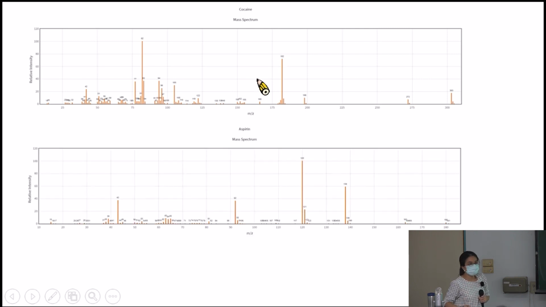And this is another example, aspirin. You will find there is a different spectrum, a different fragmentation, for aspirin compared to cocaine.